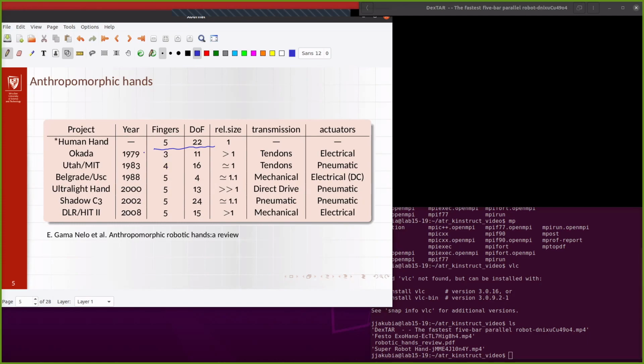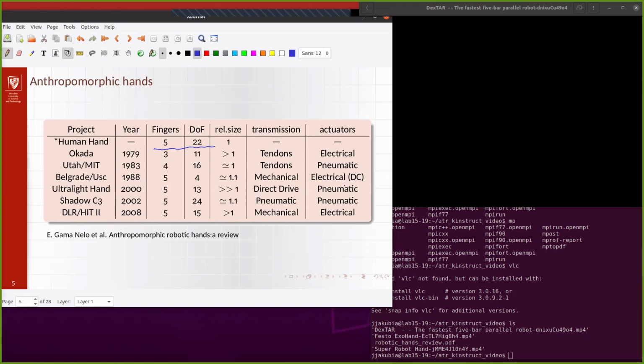So the first approach from '79, so almost 50 years ago, had just 3 fingers and 11 degrees of freedom, and it was bigger than the real human hand. It was using tendons and electrical actuators. You can also see in these tables the drives that were used. What were the actuators?